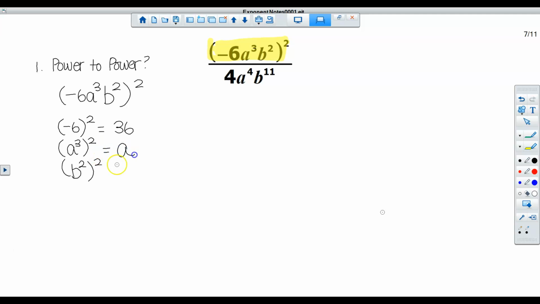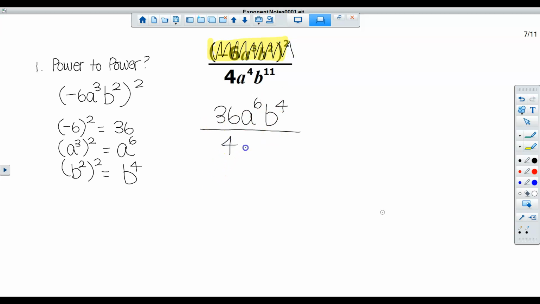And then for a, we will multiply the two exponents together. And for b, we'll multiply the two exponents together because that's what we do in power to a power. So up here on the top, we're going to have 36, a to the 6th, b to the 4th. So I've done this. And that's what it's become.